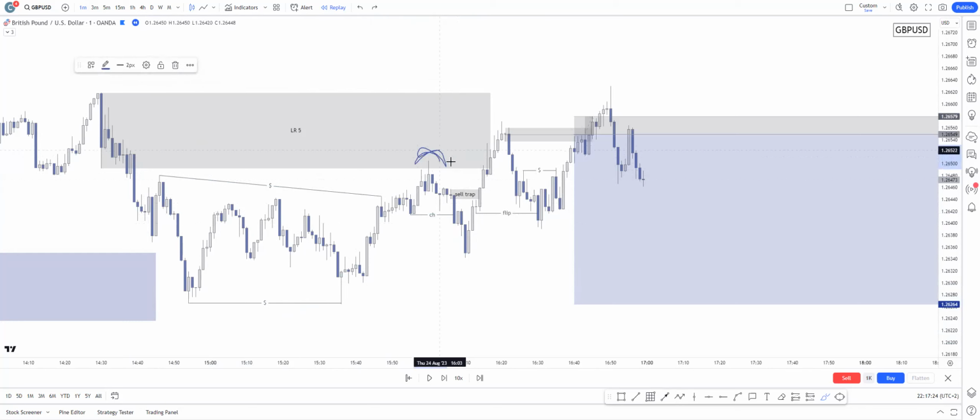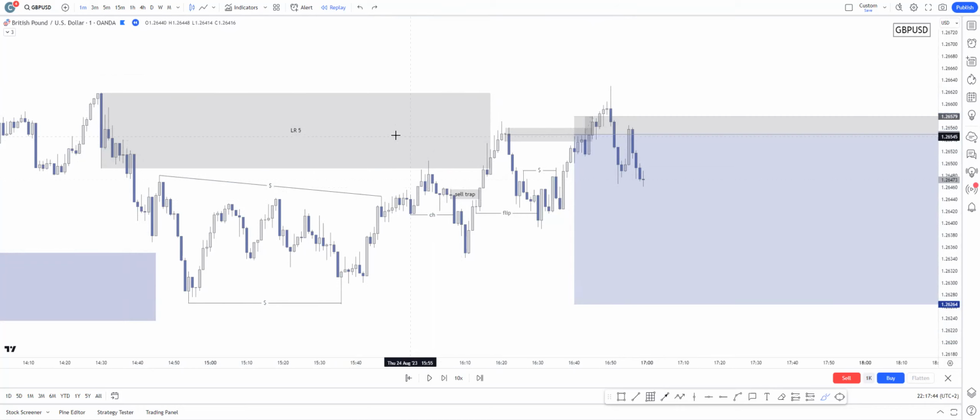But it was a really small percent mitigation on this 5-minute/15-minute supply, and I was still expecting a 50% mitigation, even though GU tends to mitigate small percentages of the higher time frame areas.